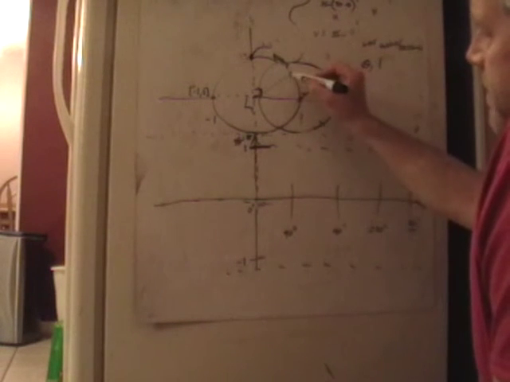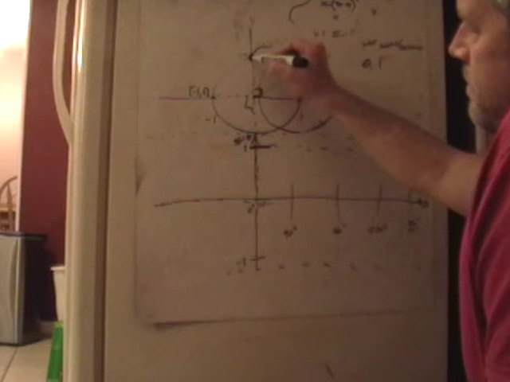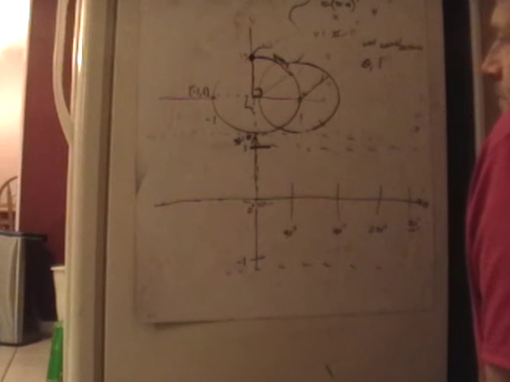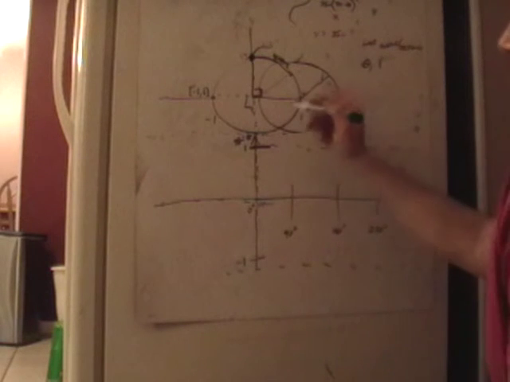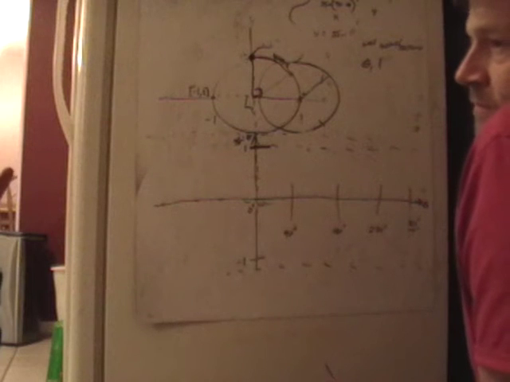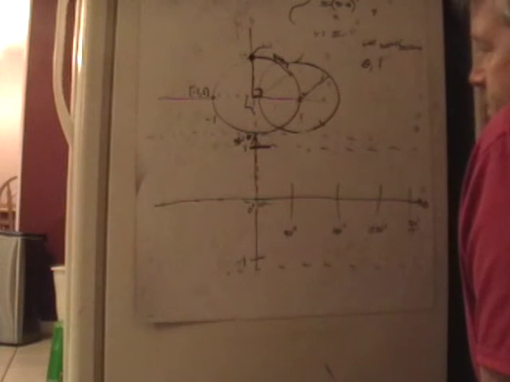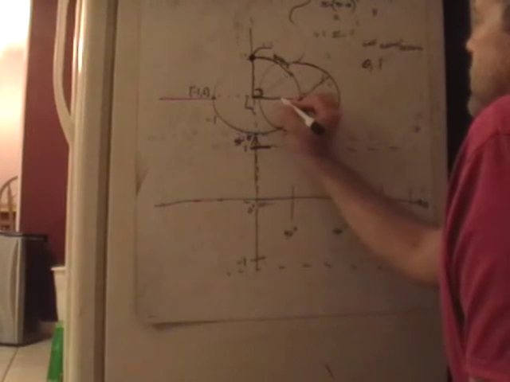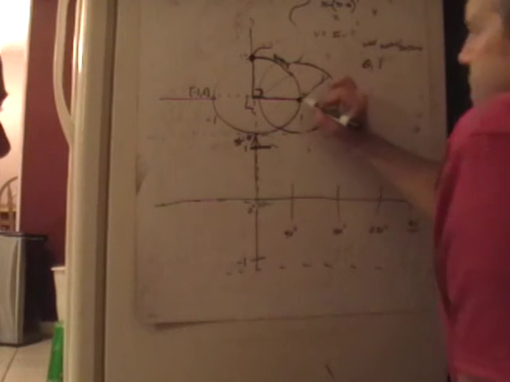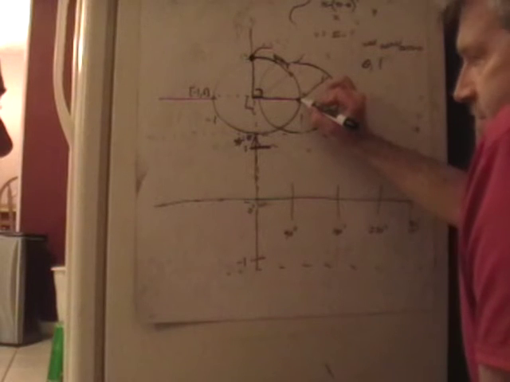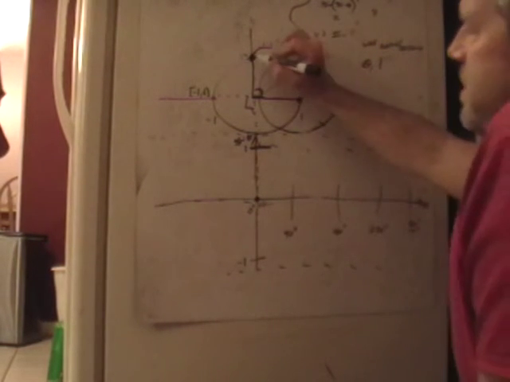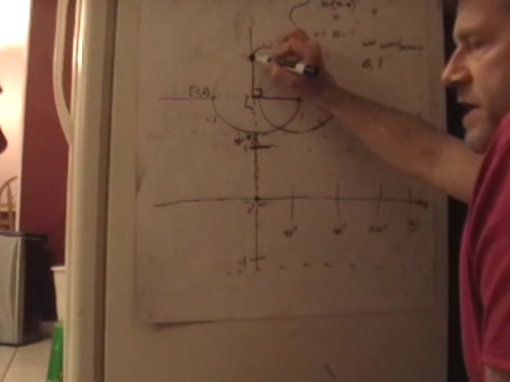So, if I've come all the way over to here, what's my value for the sine? Opposite over adjacent. Let's start at 0. What's the value in the y direction if I'm here? Sine of theta is 0. Now if I come over to here, the value in the y direction is 1.